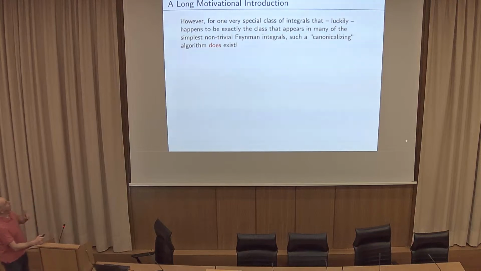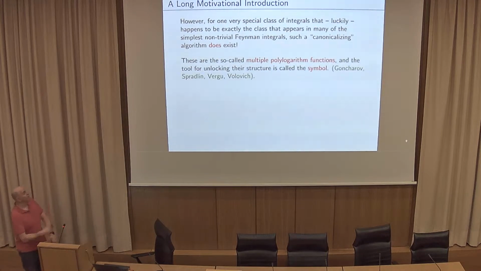Okay. For one very special class of integrals that happens to be very important in particle physics, a class of integrals that belong to generalized polylogarithm functions, there is a powerful mathematical tool that will tell you if two things are equal to each other or not. And that's called the symbol for generalized polylogarithm functions.